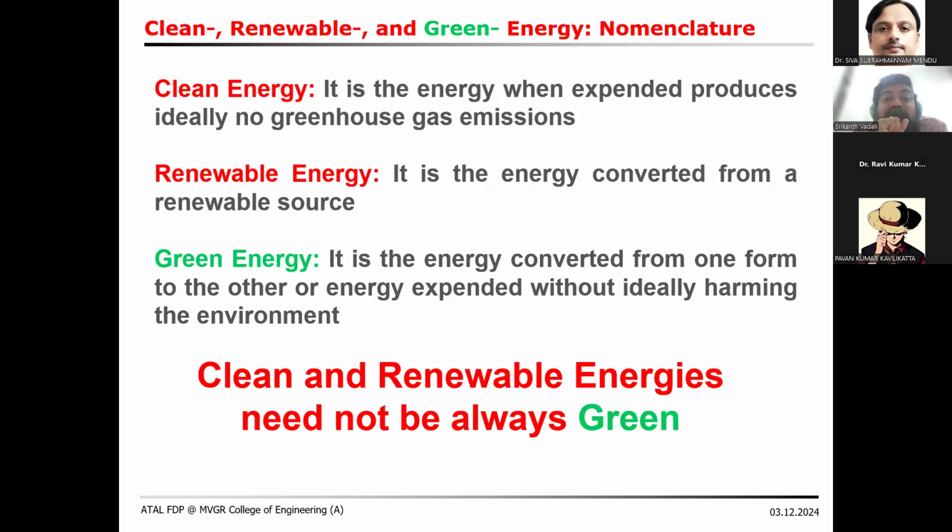But if you see the green energy definition, and if you consider building up, manufacturing the solar panels, mining the silicon, fabricating the solar cells, all this actually involves harming the environment. So, in other words, clean and renewable energies need not always be green. Okay, so that means if I have a solar energy technology, solar energy is clean and renewable, but it is not a green energy technology, because in the whole life cycle of the solar cell, you're actually harming the environment.